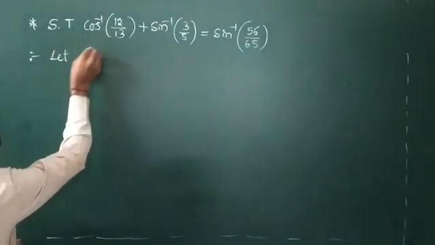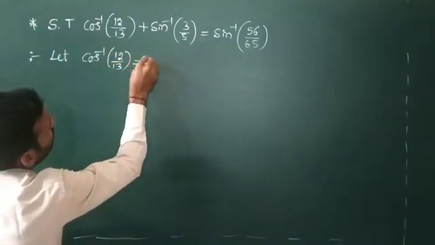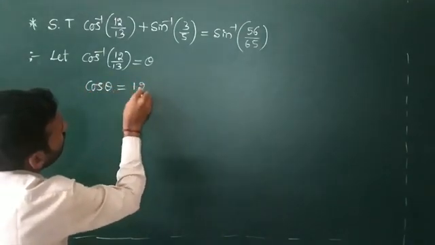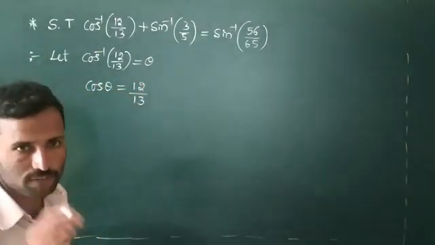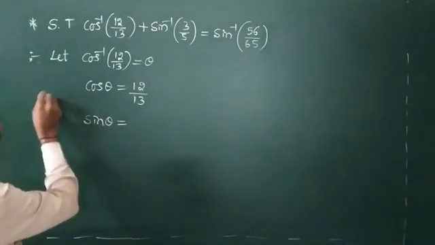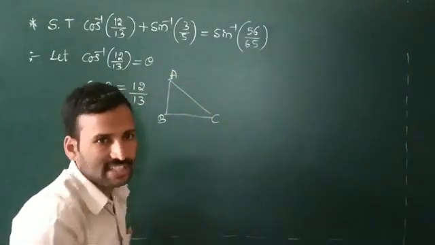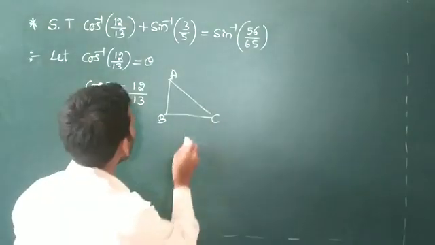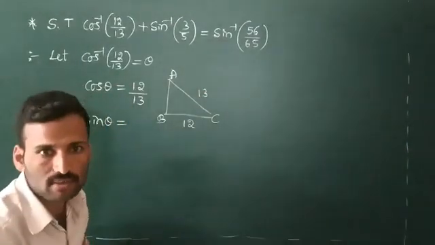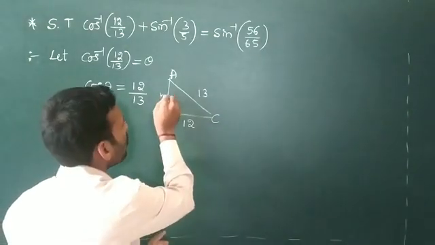Let us consider the first angle, cos inverse of 12 by 13, as theta. Then cos theta is 12 by 13, by the definition of inverse trigonometric function. Now define sin theta. In the right angle triangle, cos theta is adjacent divided by hypotenuse, 12 by 13. Then 13 squared minus 12 squared is 169 minus 144, which is 25, and root 25 is 5.